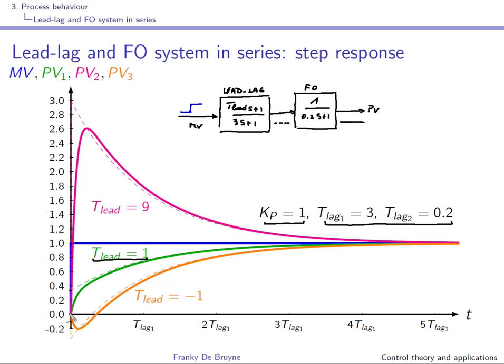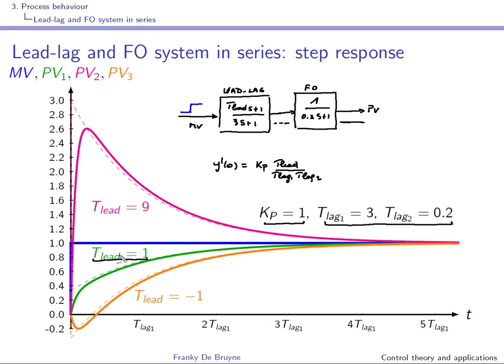We can see that at the origin the step response is 0, and we have a non-zero slope at the origin, because the overall system here has a relative degree of 1. You can see here that the slope at the origin was kp t lead over t lag 1 and t lag 2.